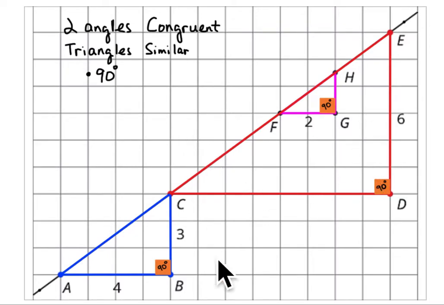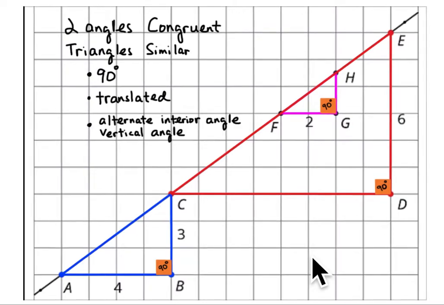Well, look at these 3 triangles. One of the angles is clearly congruent. It's 90 degrees. So it's this angle here, here, and here. So now all I have to do is show you that one of the other angles is congruent, and then I can prove that these triangles are similar. All right, so one way to do that is to translate angles. I'll show you that in a second.